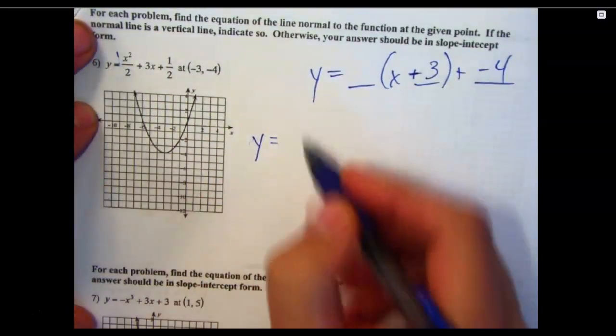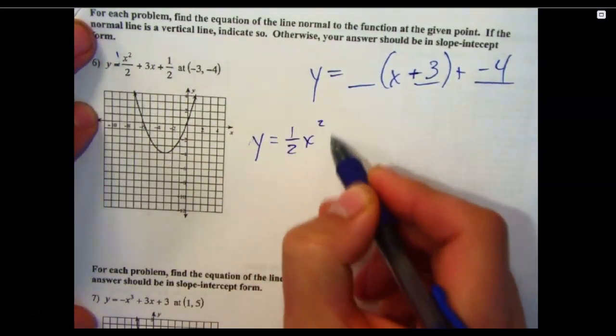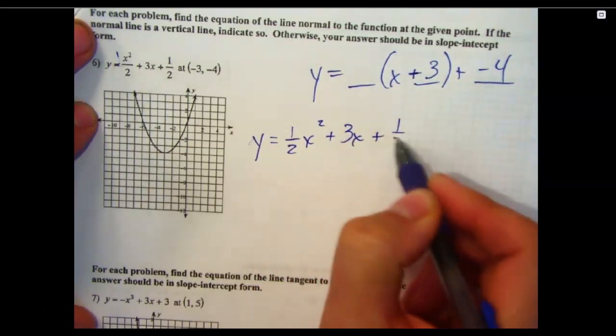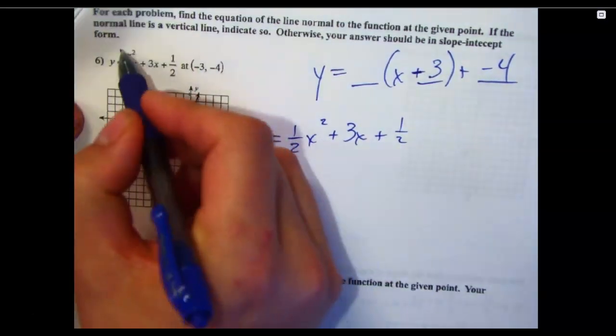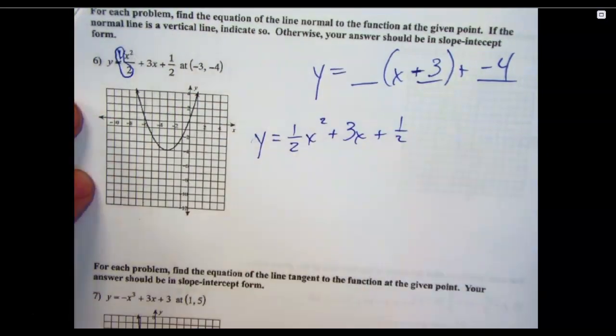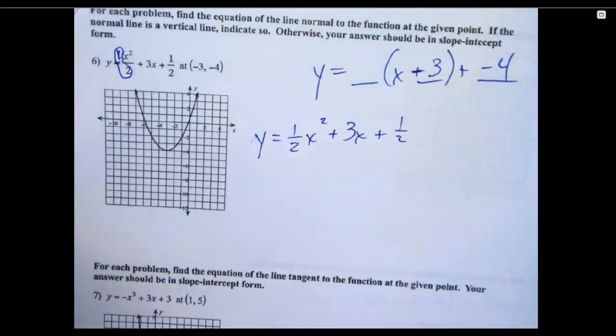this is like there's a 1 out in front, and that's the same as 1/2 x squared. So if you take this fraction and pull it out in front, it's written a little more like we're used to. I didn't take the derivative, I just rewrote it.